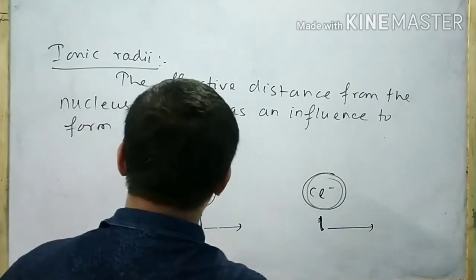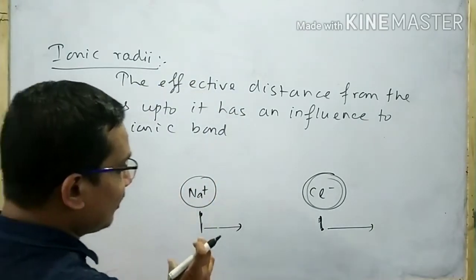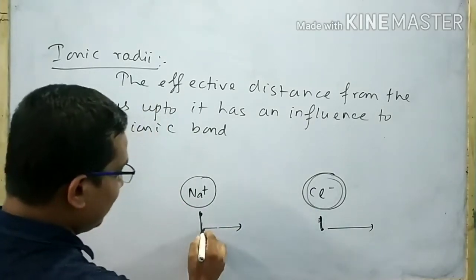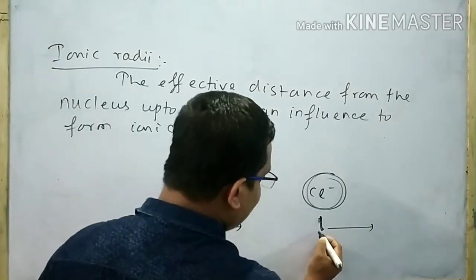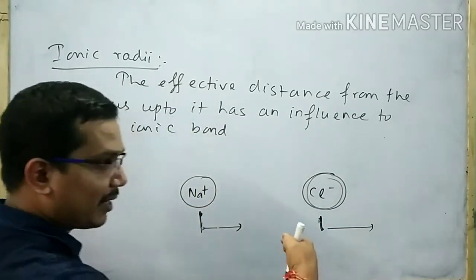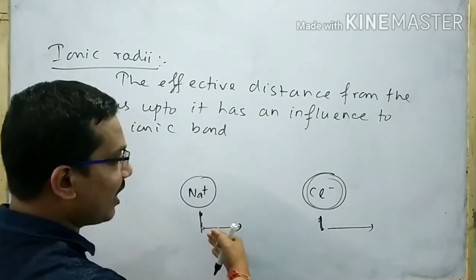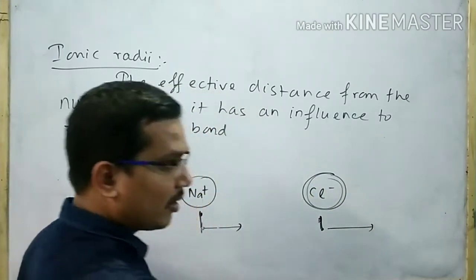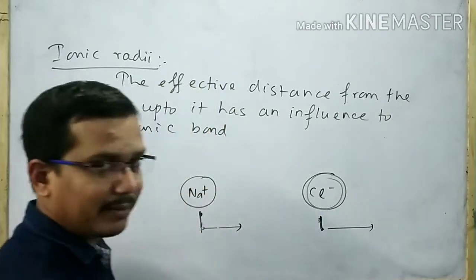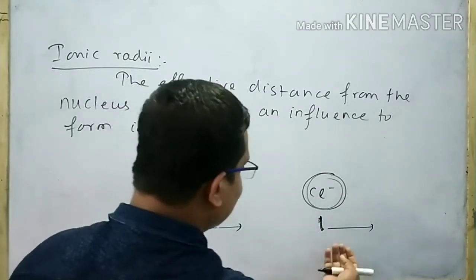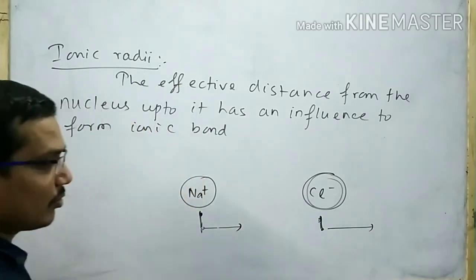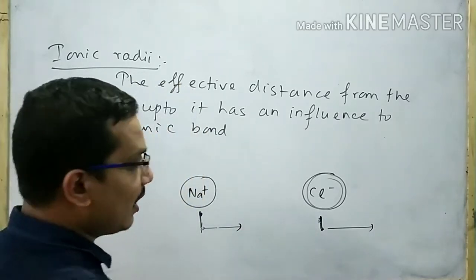The Na plus ion has a capacity to attract the Cl minus ion up to a certain distance. After that distance, the Na plus ion does not exert an attraction force on the Cl minus ion, and also the Cl minus ion does not exert an attraction force on the Na plus ion.